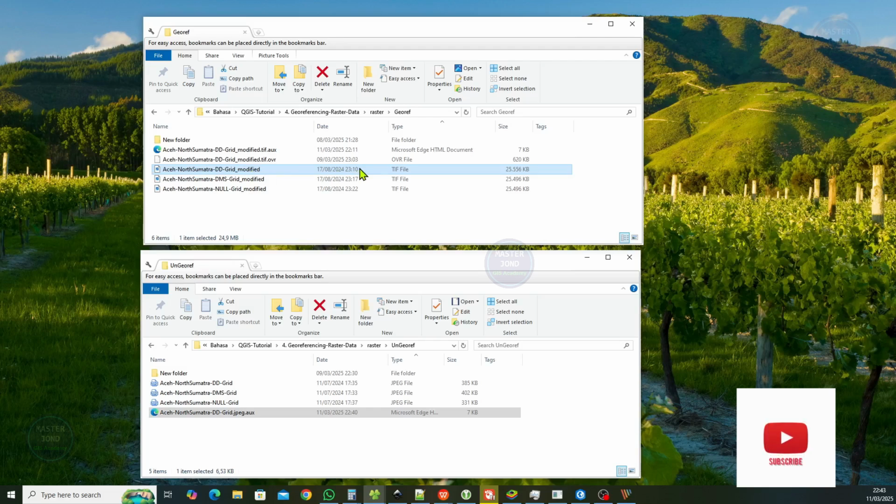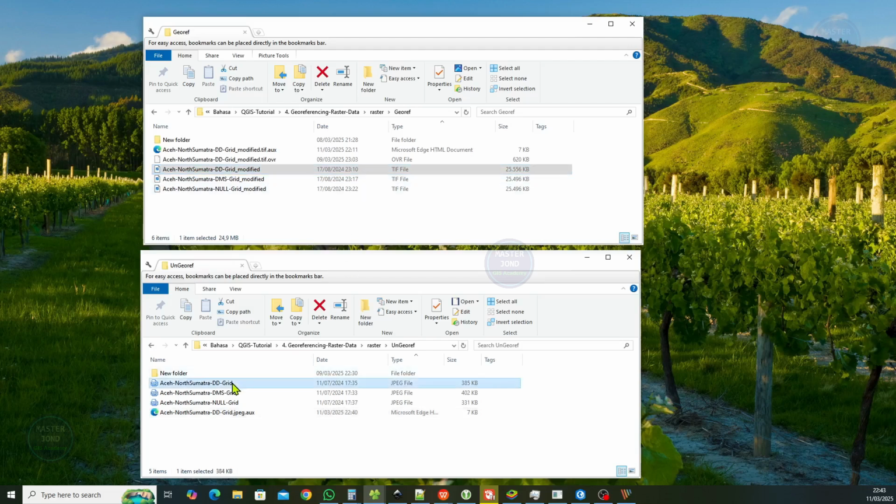Okay, so what is the connection between these folders or these rasters, these images, to this raster? So the connection is this GeoTIFF is coming from this JPEG.